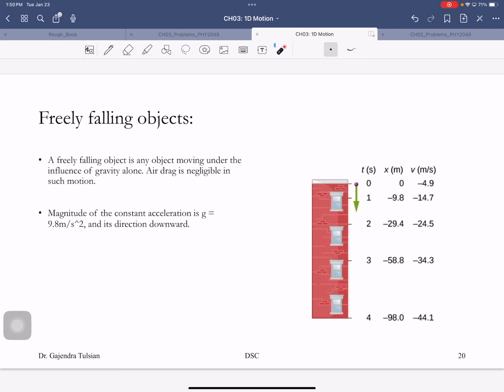How about this one? Was that freely falling? Was its acceleration 9.8 meters per second squared? No, so in this case, air drag was not negligible. This was not freely falling. Do you guys understand the difference? This was freely falling.